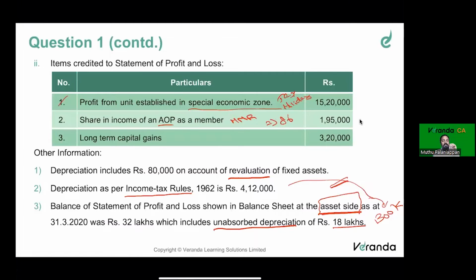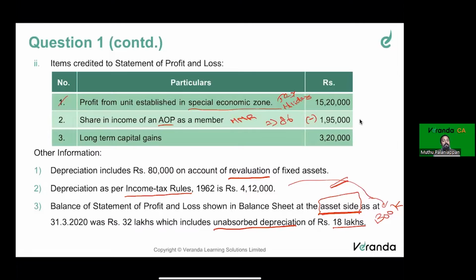Under section 86, whenever an AOP is taxable at maximum marginal rate, the concerned income is not taxed in the hands of the member, which means it is not an income relating to the company because they are not going to pay tax on that. Since it is already covered by the provisions of section 86, it shall not be taxed in the hands of the member. So again, this has to be removed. This income is not part of our book profit, so we need to remove it from the profits.